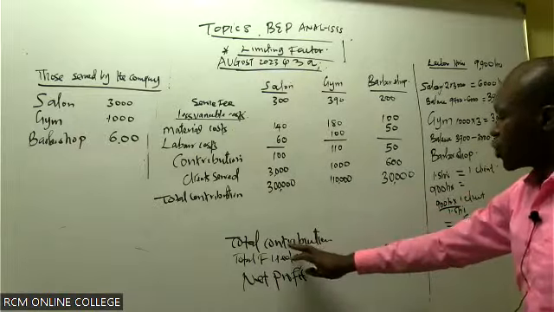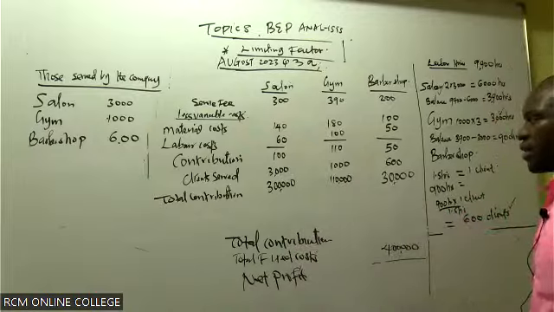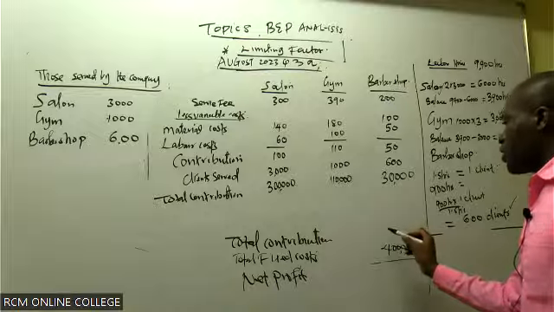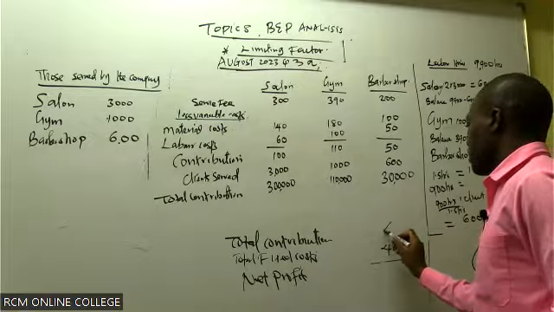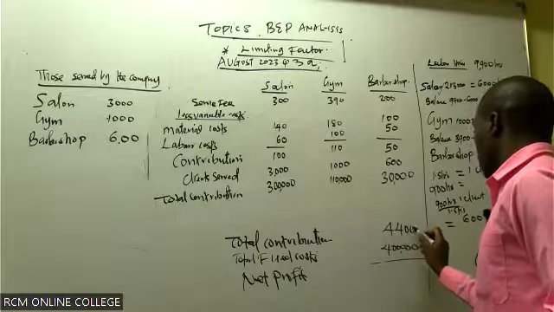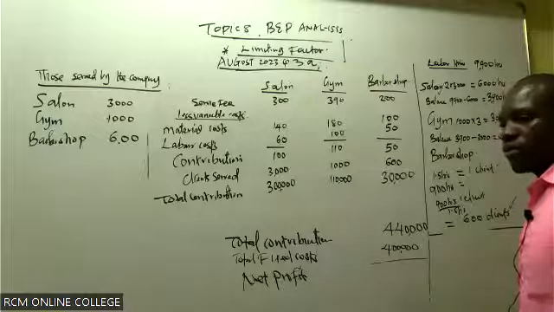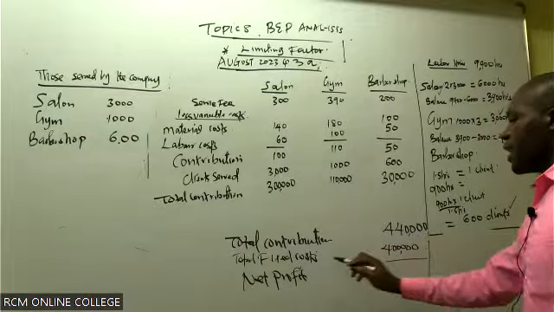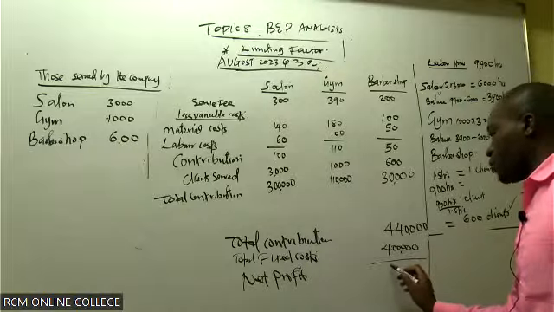So what is our total contribution? This plus this plus this. Itakuwa ngapi? 440? Is it 440,000? If you add all the contributions, 440,000 less total fixed cost, which is 400,000. Tutakuwa na ngapi net profit?